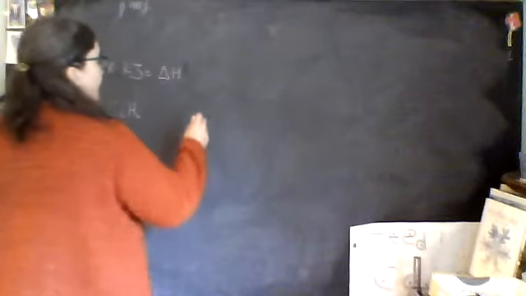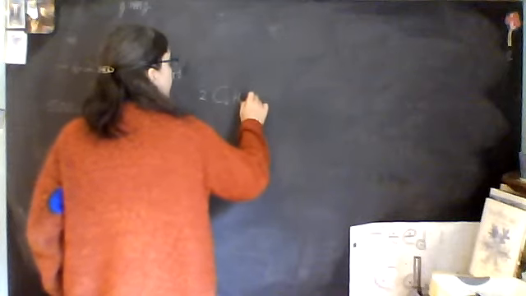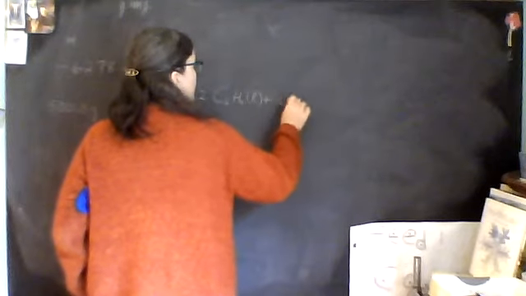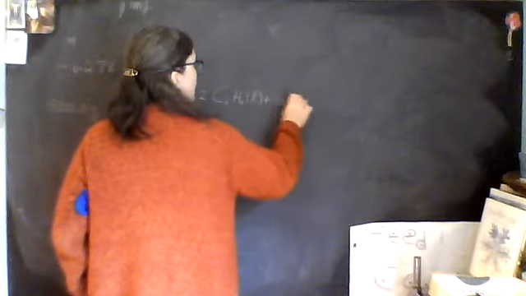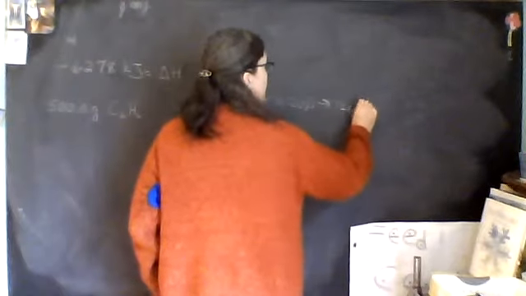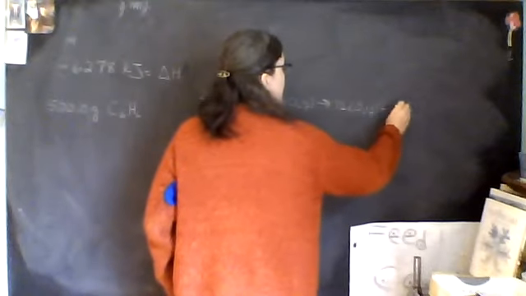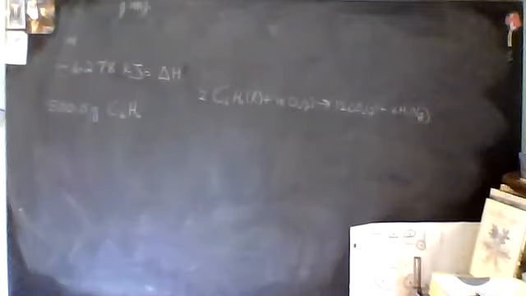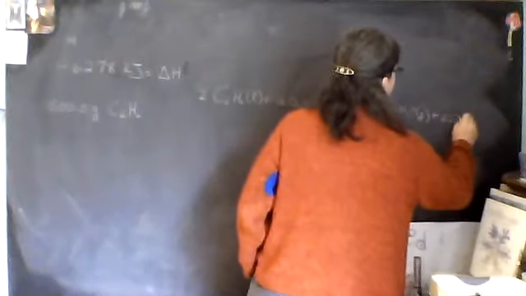Can you give me the balanced equation? 2 C6H6 liquid plus 15 O2 gas yields 12 CO2 gas plus 6 H2O gas, and then we put in our kilojoules, plus 6,278 kilojoules.